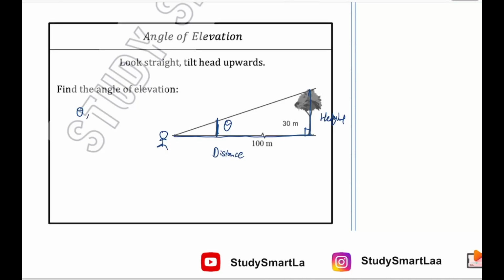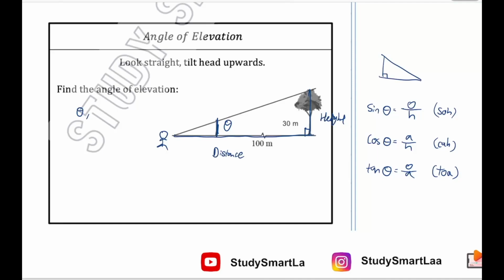We will write down the things that we have so that it helps us select which should we use. Should we use sine theta being opposite over hypotenuse, which is your slope? Or should we use cosine theta being your adjacent over hypotenuse, the car? Or should we use tangent theta, your opposite over adjacent, which is your tua, so tua ka so? This is for right angle triangles only.